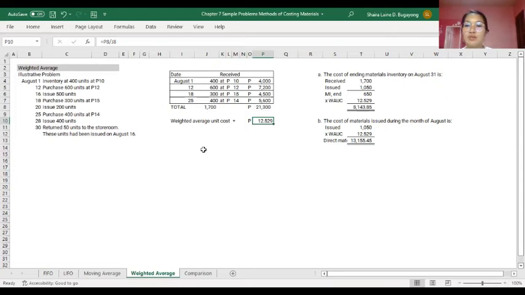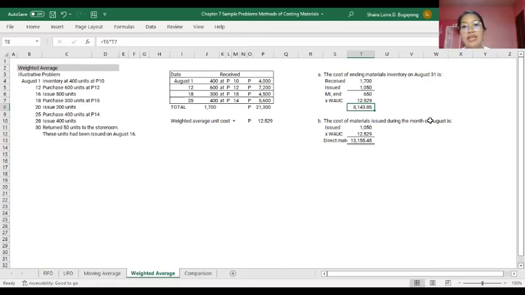So if we are to compute for the cost of ending materials inventory on August 31, so ang na-receive na to, di ba, is 1,700. The number issued na to is 500 plus 200 plus 400 minus ang return na 50. So we have 1,050. So that would mean that the ending inventory in units is 650 multiplied by the weighted average unit cost of 12.529.